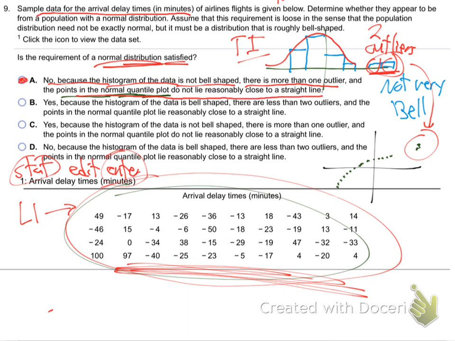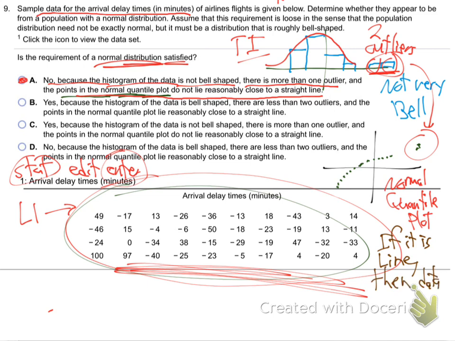Yeah, that's called a normal quantile plot, and it's supposed to be a straight line. If it is a line, then the data is bell, or normally distributed. Yeah, so it's kind of weird, huh?